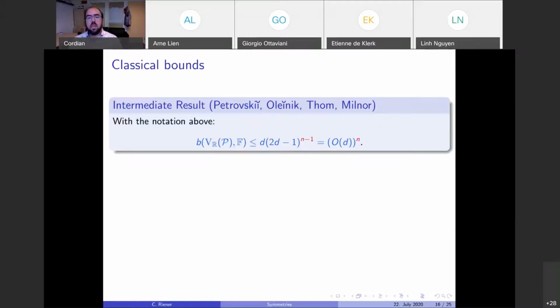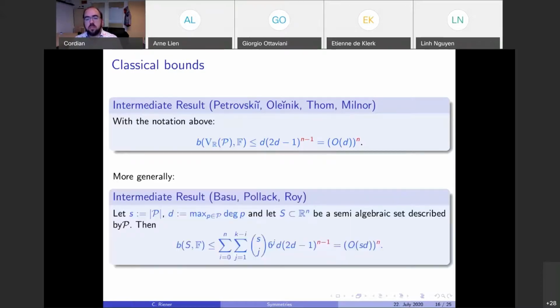Yeah? And this bound is more or less also sharp. More generally, this was also generalized to semi-algebraic sets. So you have a similar looking bound that was found by Basu, Pollack, and Roy. That is, if you fix the number of polynomials and the degree, then it depends exponentially again on the number of variables for fixed sizes of d and s.